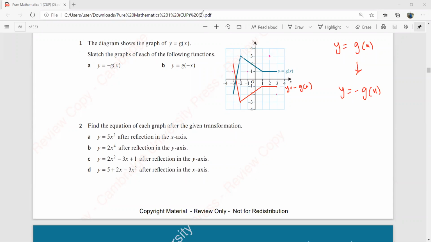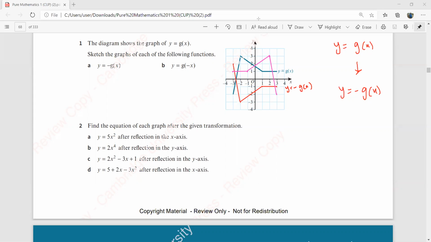Okay, let's join them together. So we have this one, then this one, and then this one. Yes, you see? That is how you have this.